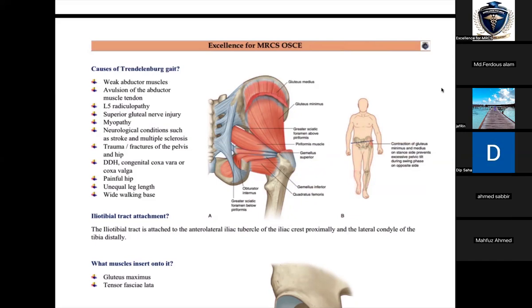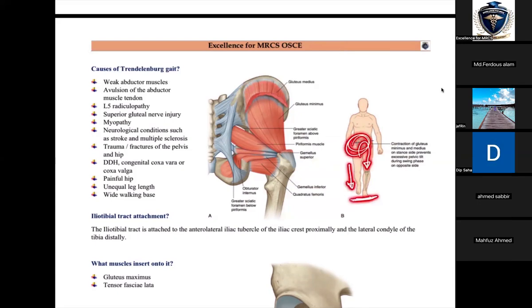So this line, in a normal person, the right side anterior superior iliac spine and the left side anterior superior iliac spine should be lying on the same line. As this leg is away from the surface, no weight can be transmitted through this leg. All of the weight is transmitted to the left side as it is on the surface.